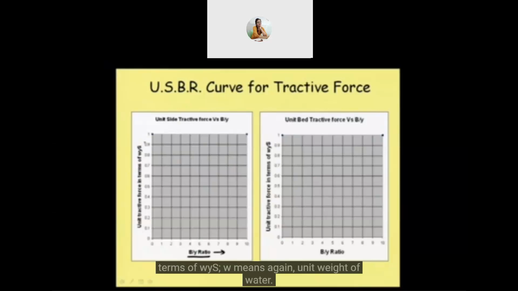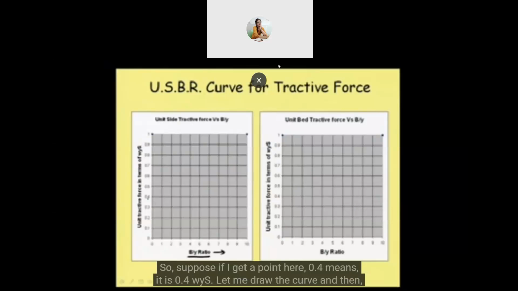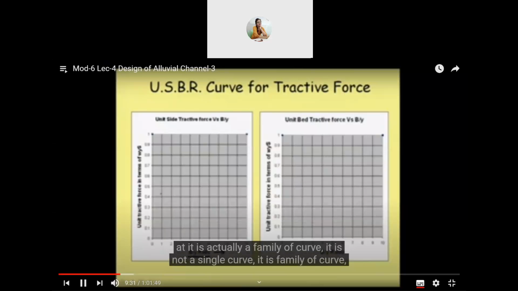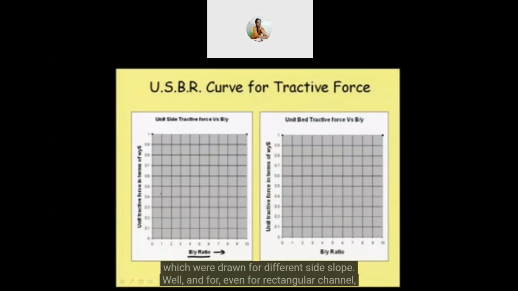W means again unit weight of water. So suppose if I get a point here, 0.4 means it is 0.4 WYS. Okay, let me draw the curve, and it is actually a family of curves. It is not a single curve, it is a family of curves which were drawn for different side slopes.